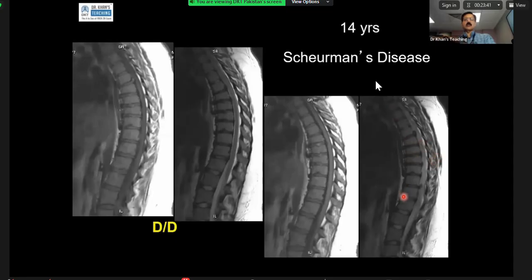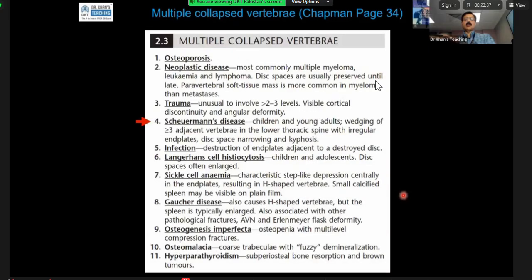So this is Scheuermann's disease, and more than 3 vertebral bodies, by definition, you see, this is from your book: multiple collapsed vertebrae, Scheuermann's disease, children and young adults, wedging of more than 3 adjacent vertebrae in the lower thoracic spine with irregular end plates, narrowing, and kyphosis.